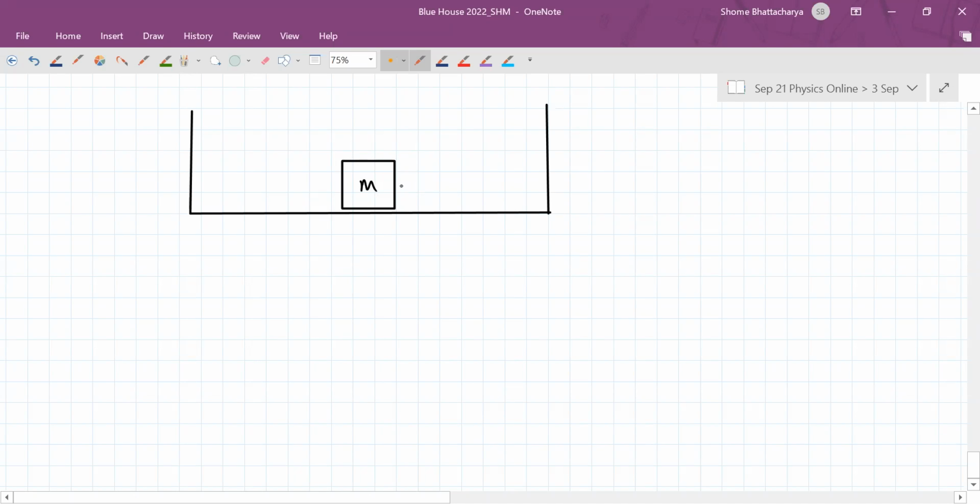Touching two springs means, imagine the springs are not attached to it. So when the block moves towards the right, in my diagram, the spring K1 will not get extended. Only K2 will be compressed. Are you understanding better? Yes, sir.